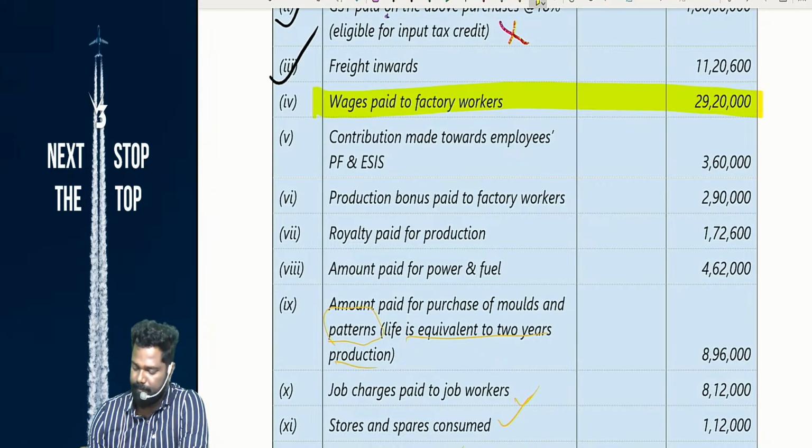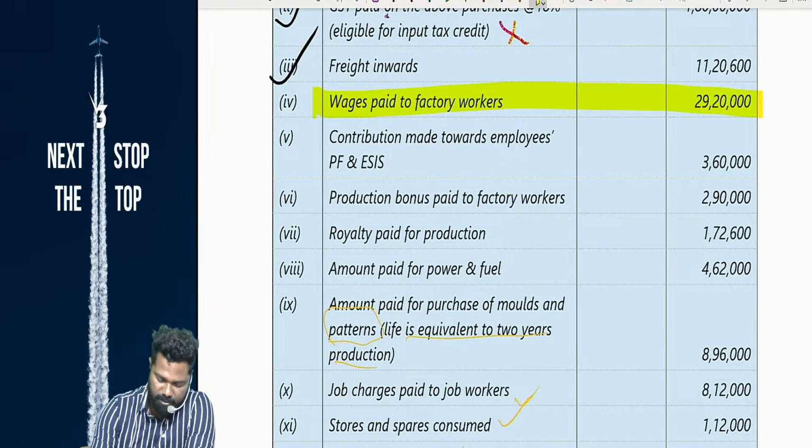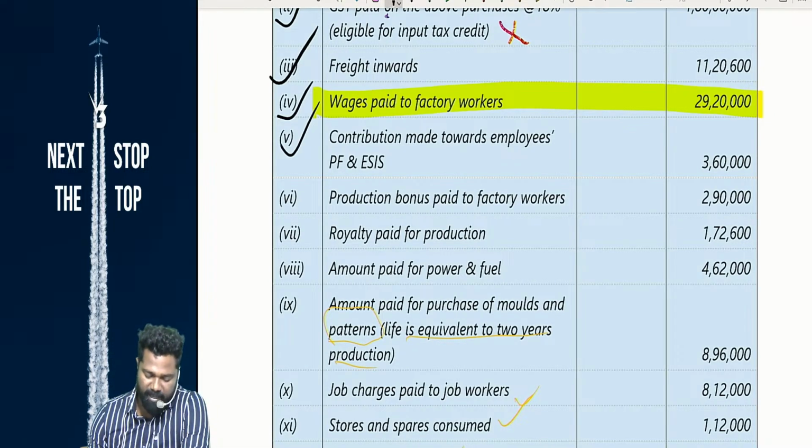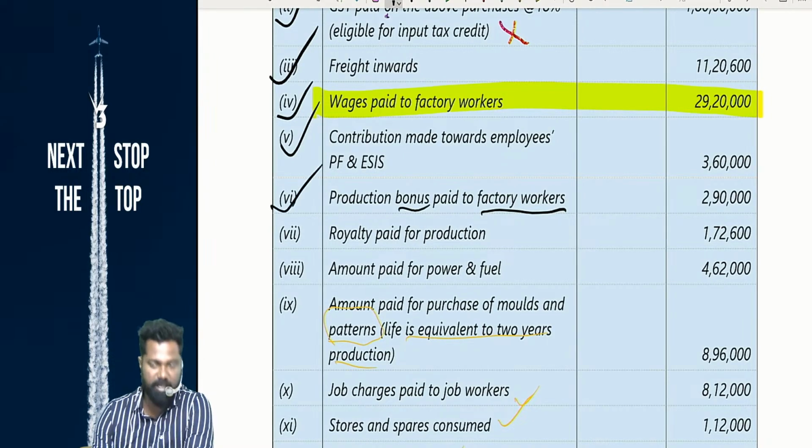How much is that? 3,60,000 inner column. So this item is also done. Next, production bonus paid to factory workers. Will it come or not? Yes, since it relates to factory workers and bonus, it should come.